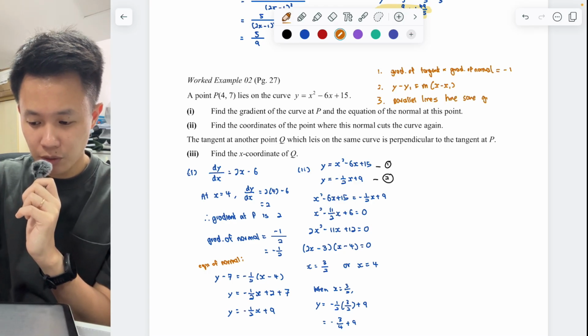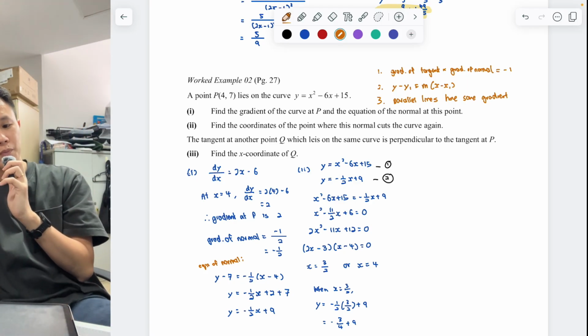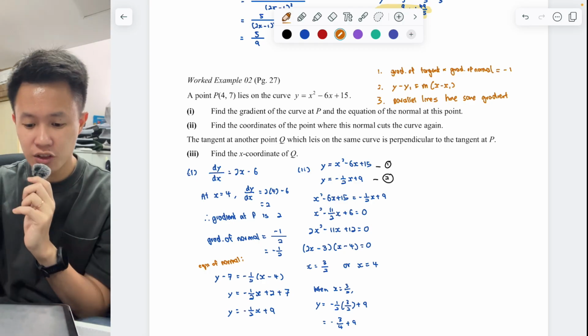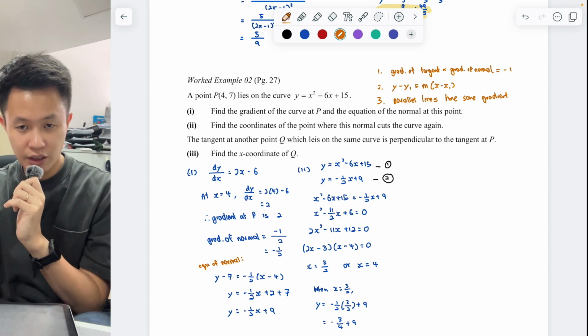Why am I using these? Because it's talking about perpendicular, right? The tangent at Q is perpendicular to the tangent at P. So this means that the tangent at Q is parallel to the normal at P.